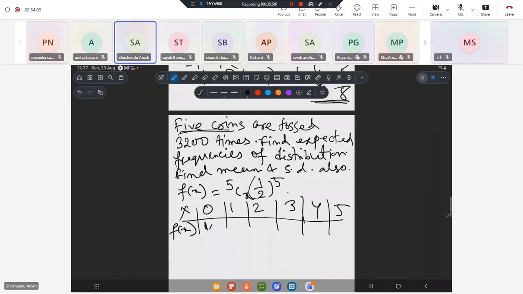This is only half to the power 5, just putting the x value here. 5C1 half to the power 5, 5C2 half to the power 5, 5C3 half to the power 5, 5C4 half to the power 5, and finally 5C5. Correct, 0 to 5.